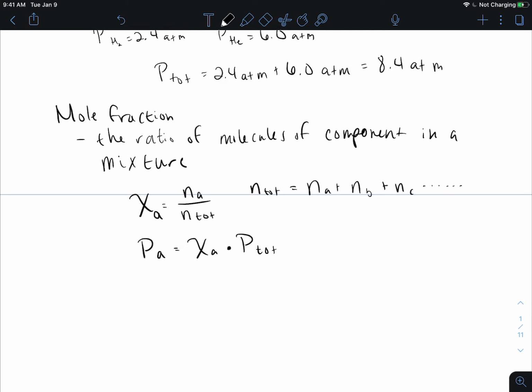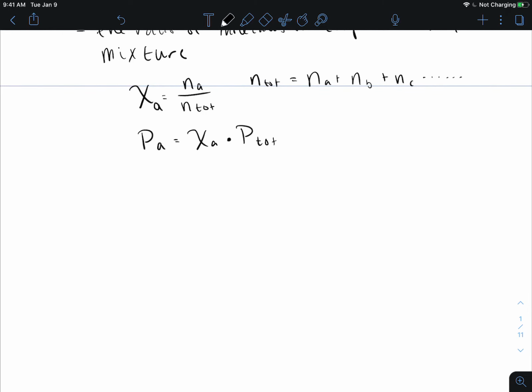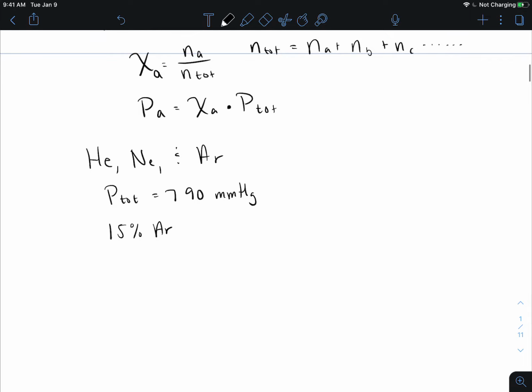So let's try this out. We've got a mixture of helium, neon, and argon. They have a total pressure of 790 millimeters of mercury. There is 15% argon, 60% helium, and 25% neon.